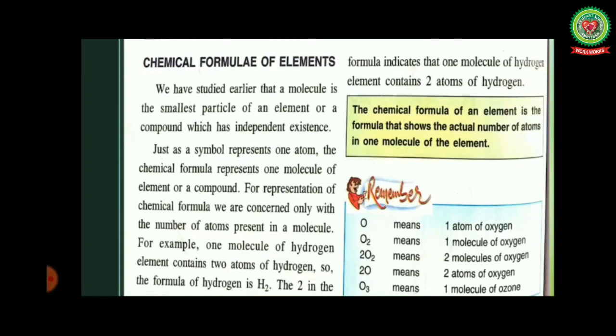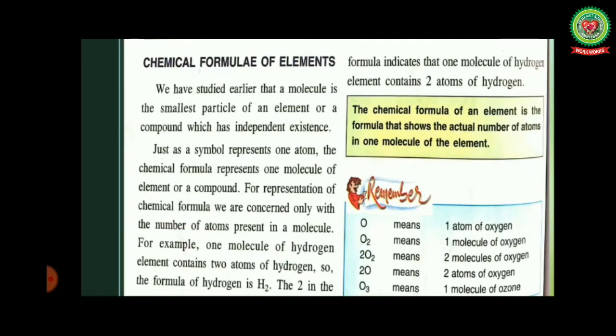For representation of a chemical formula, we are concerned only with the number of atoms present in a molecule. For example, one molecule of hydrogen element contains 2 atoms of hydrogen, so the formula of hydrogen is H2. The 2 in the formula indicates that one molecule of hydrogen element contains 2 atoms of hydrogen.